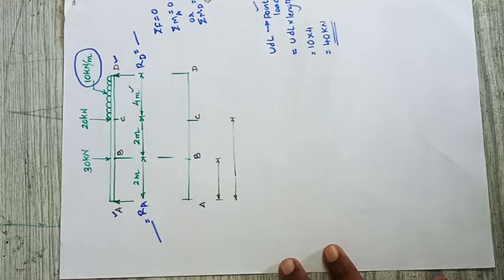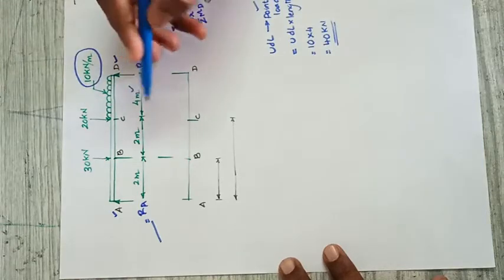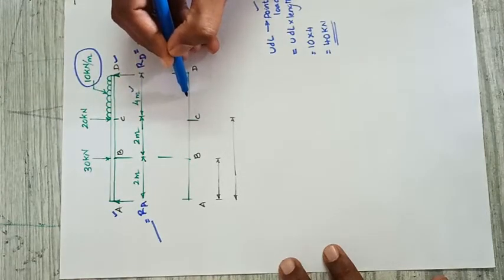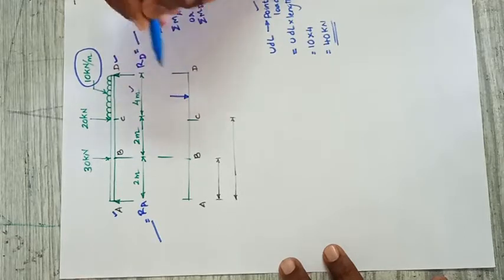Where exactly is the point of application of this point load? It is in between C and D, and it is half of the span of 4 meter, so it will be acting at the middle of CD.